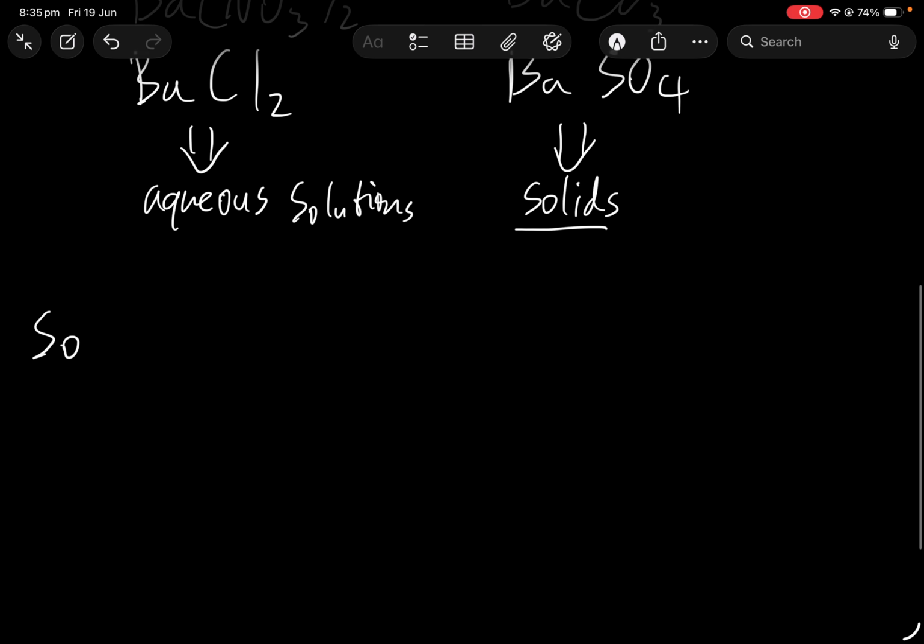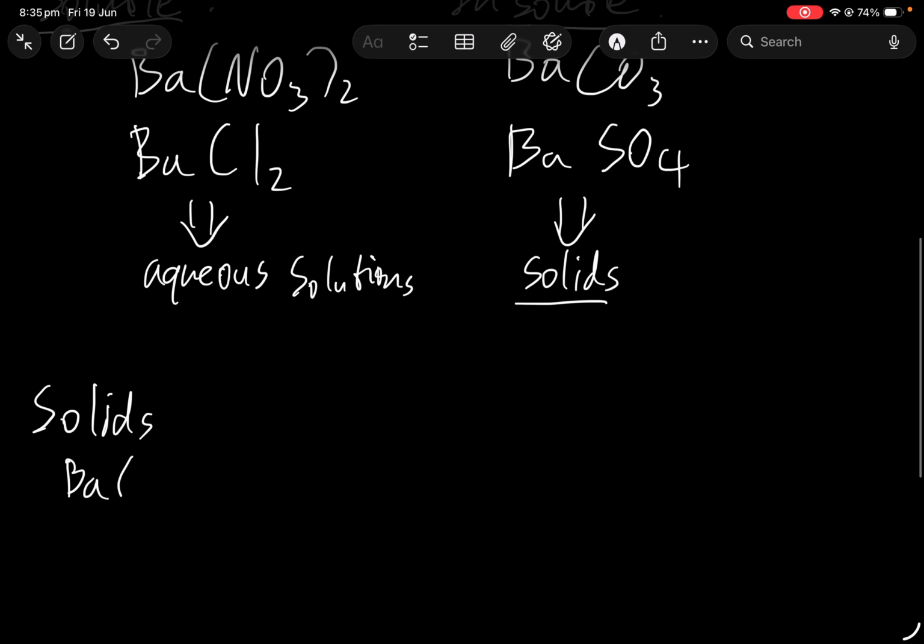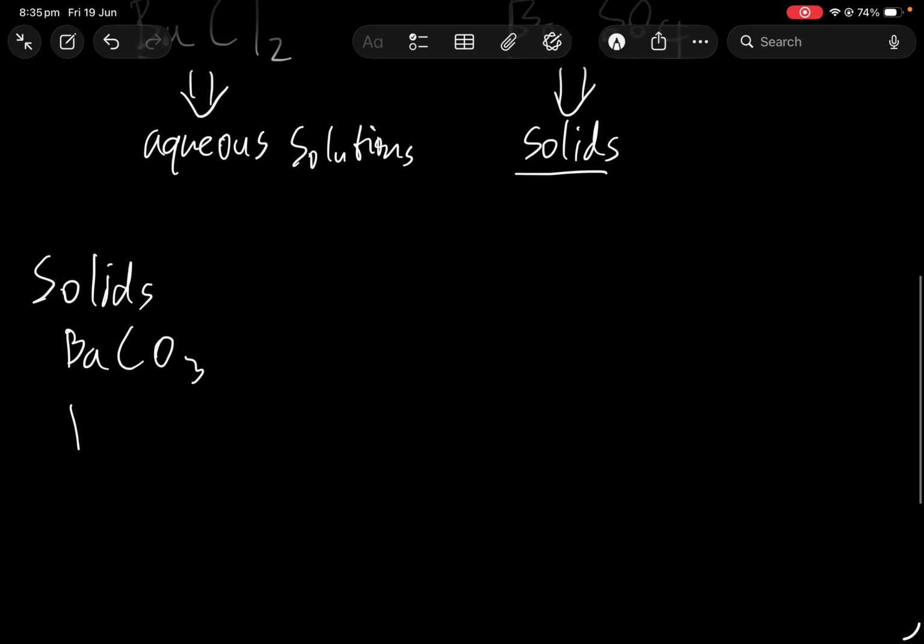So one test we can do between barium carbonate and barium sulfate is to add acids to them, because there's a carbonate here and we can create carbon dioxide. So let's put in nitric acid.